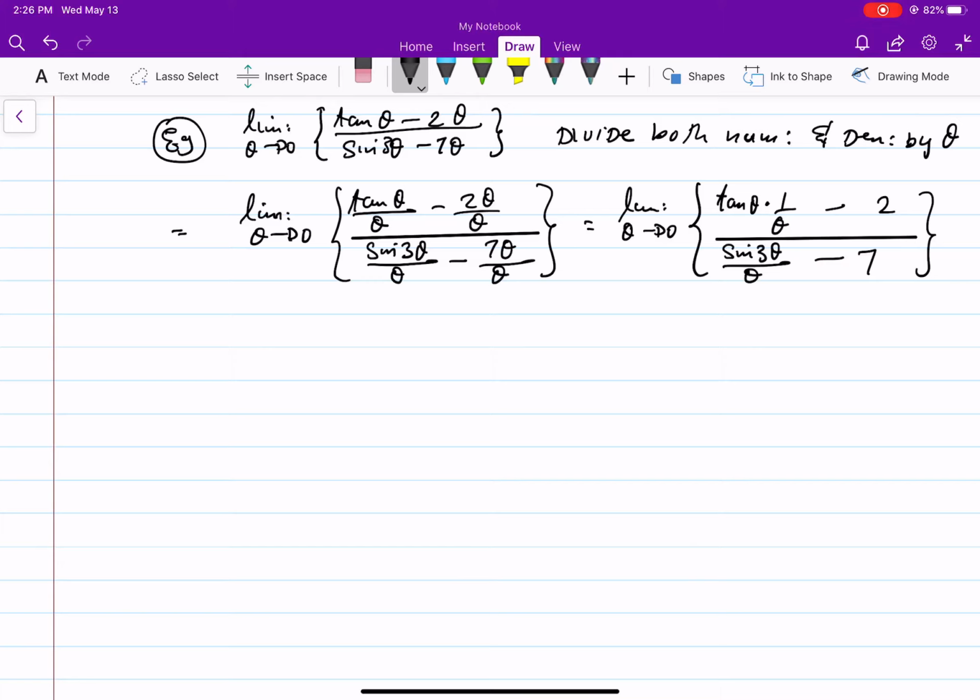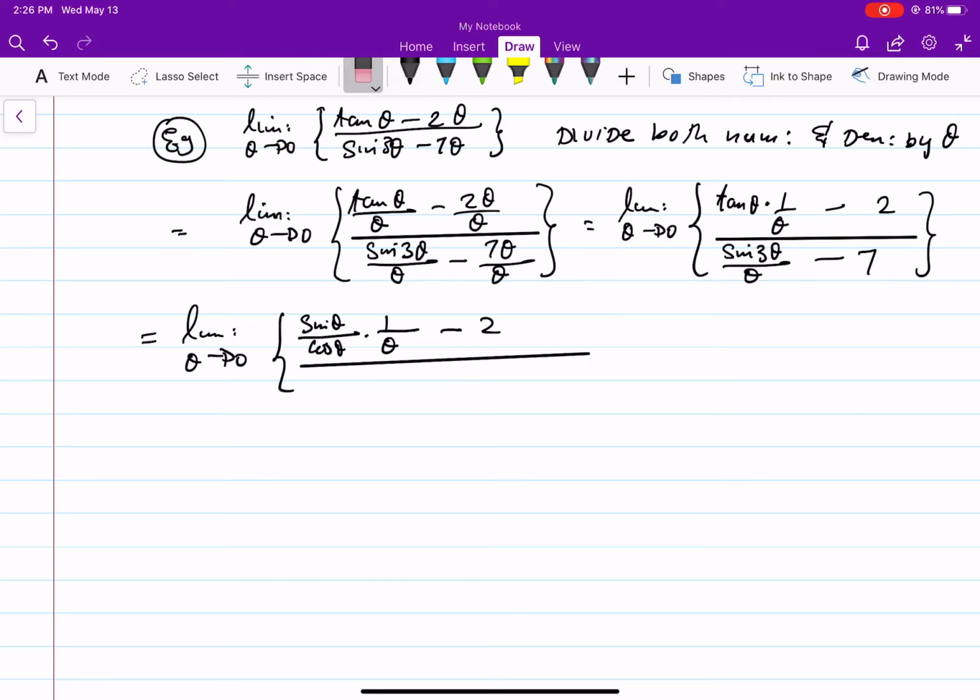Tan now can be written as sine over cos. So this becomes the limit as theta approaches 0 of sine theta over cos theta times 1 over theta minus 2, all upon sine 3 theta upon theta minus 7.